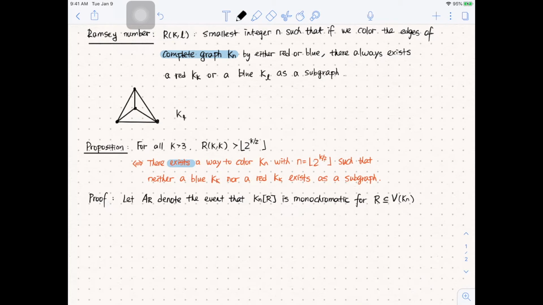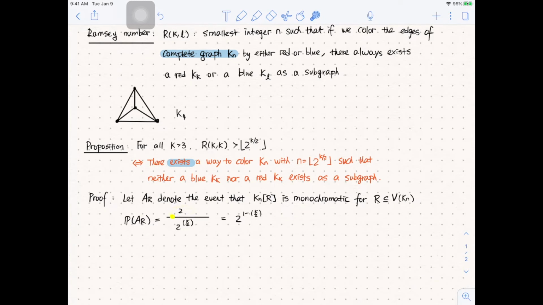One can easily write down the probability of this event, which is this. Here the numerator is 2 because there are 2 ways to have a monochromatic subgraph: you can have either a red one or a blue one. And the denominator is just the number of ways to color this complete subgraph.